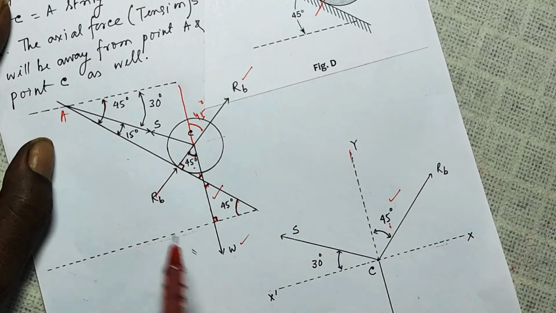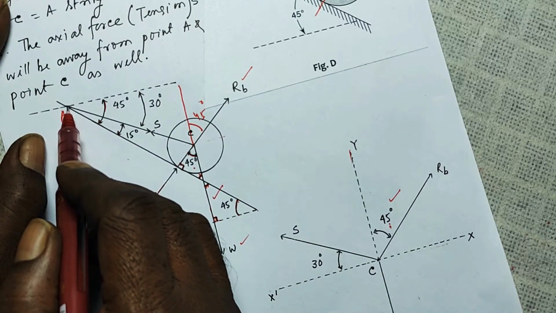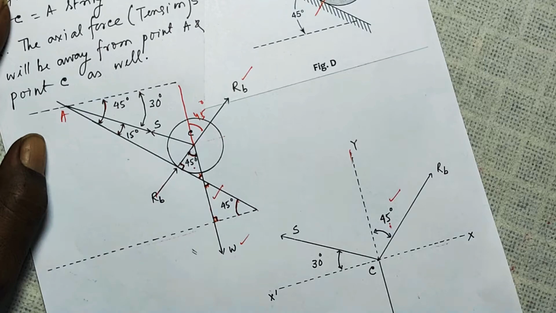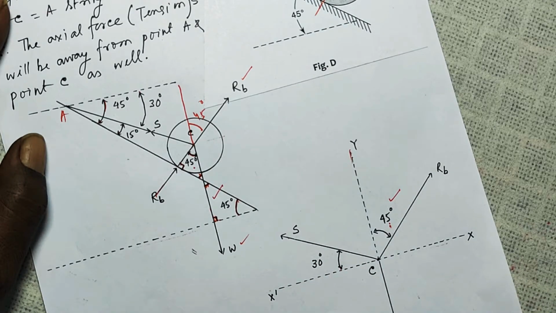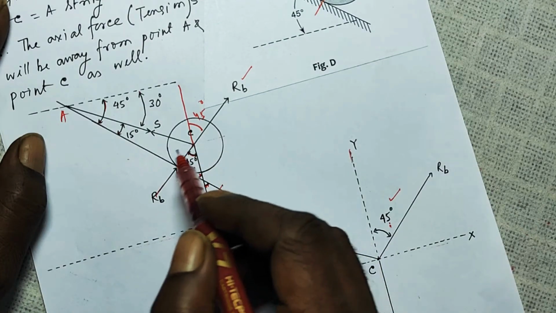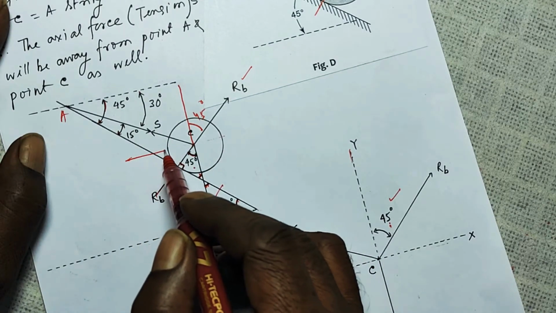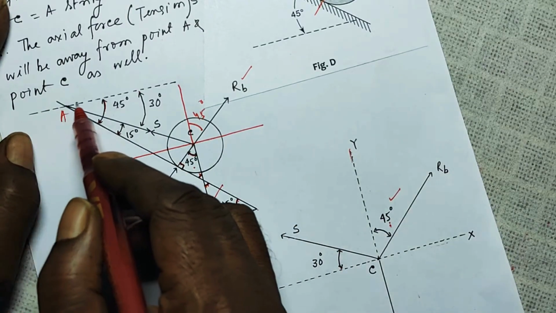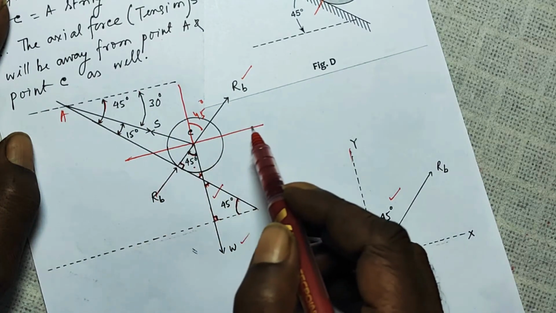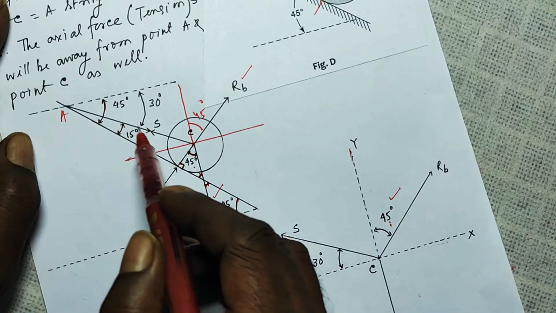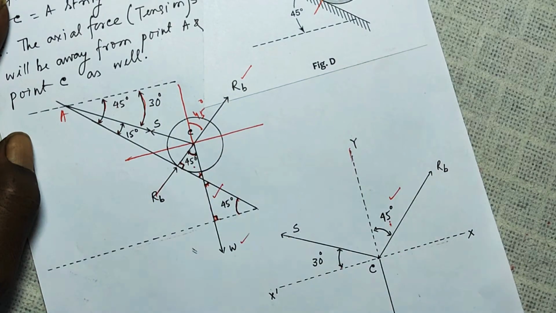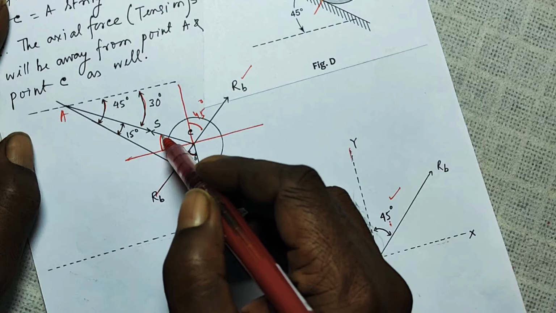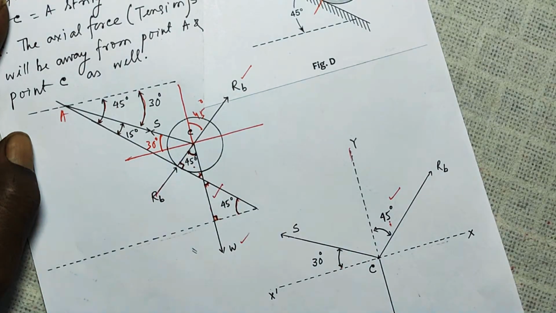Now if you look at the tension force, axial force, the tension force S, which I have shown here, it is acting away from the point C. How is this angle 30? At point C, if you draw a horizontal line, like this dotted line is also horizontal, this red line is horizontal, this line AC is the transversal, this angle is 30, therefore this angle will also be 30, alternate angle.